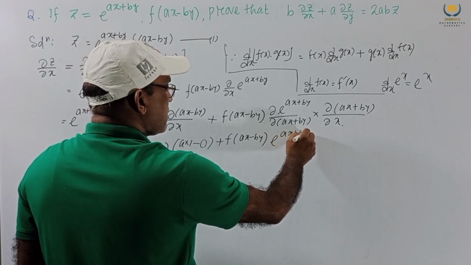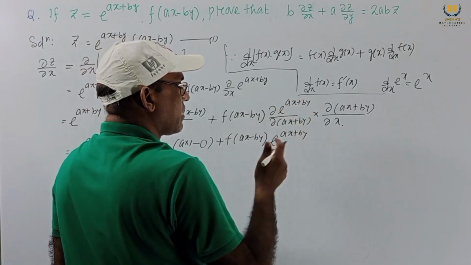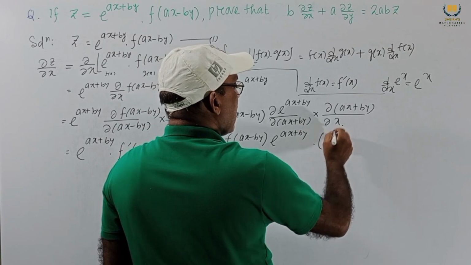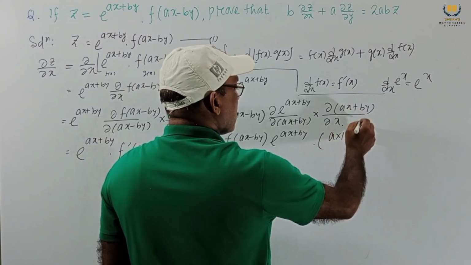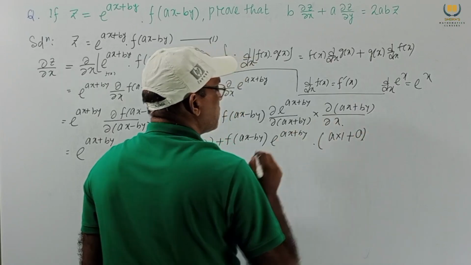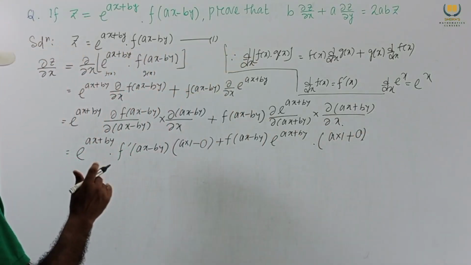Because the power and these are the same, we write e to the power ax plus by. And a is constant, del x of x is 1, and by constant, this is 0. Directly I have written this.